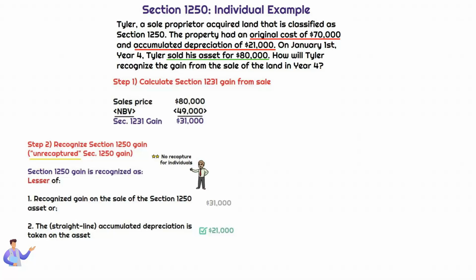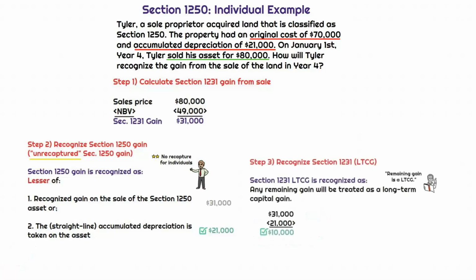So we have this unrecaptured Section 1250 gain, which is going to get hit with that 25% tax rate. All right, but that means that any remaining portion is what is in fact going to get recognized as the Section 1231 gain, which is a long-term capital gain. Okay, so that's going to be the remaining portion of the $31,000. So $31,000 less the $21,000 gives us a Section 1231 long-term capital gain of $10,000.